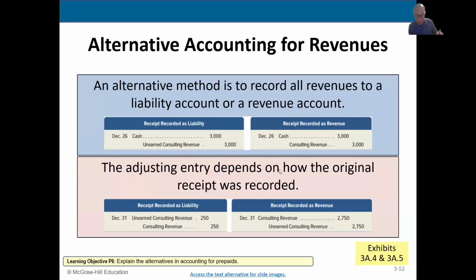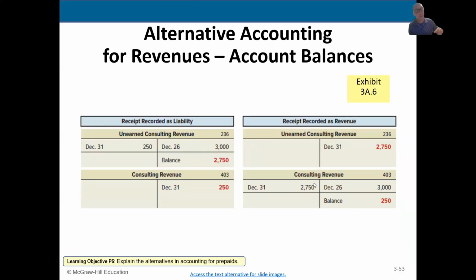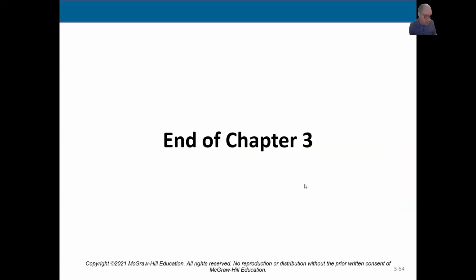When it's accrual-based accounting, we debit unearned revenue, then we credit revenue, and then when we earn it, debit revenue, credit unearned revenue. Again, it's just showing you the difference between cash and accrual-based accounting.